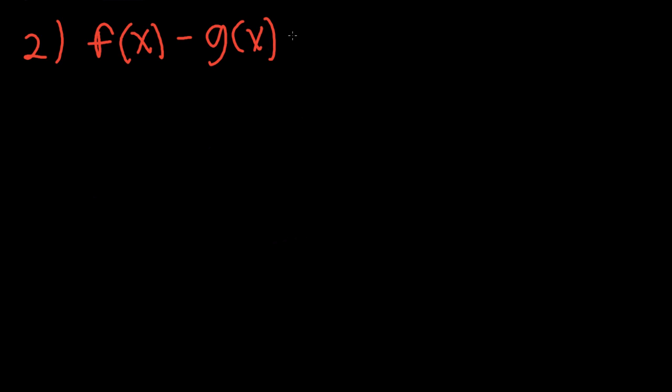Alright, now let's start problem 2, which is going to ask us to subtract. So we're going to say f of x minus g of x, or again, this is just two different notations for the same problem, f minus g of x.